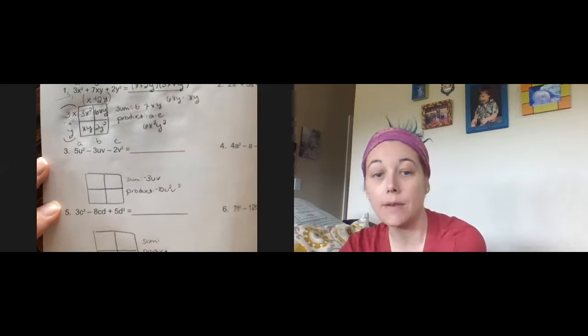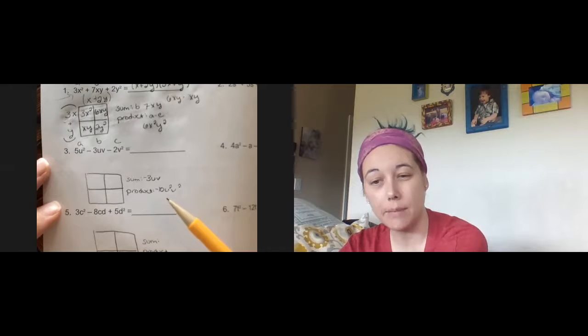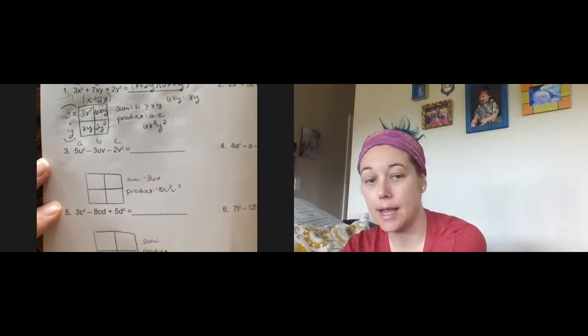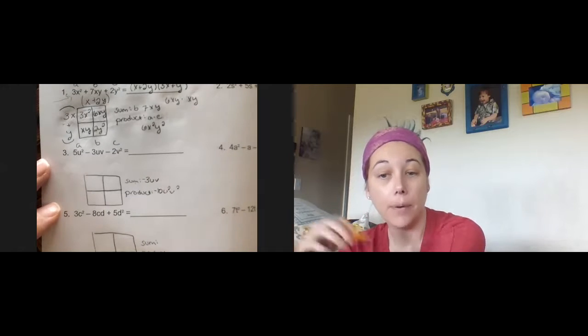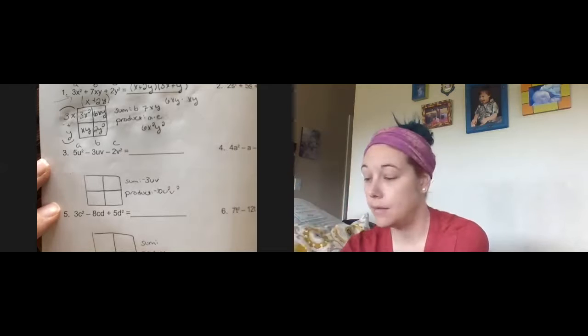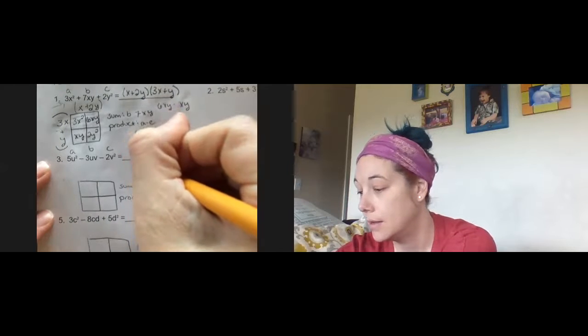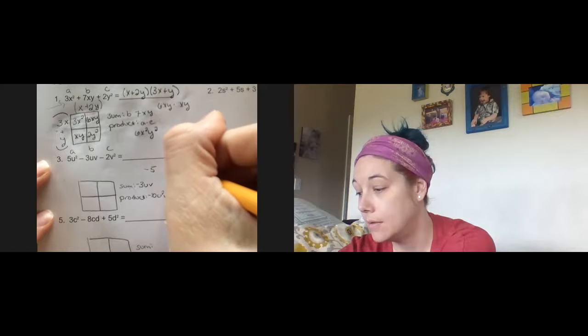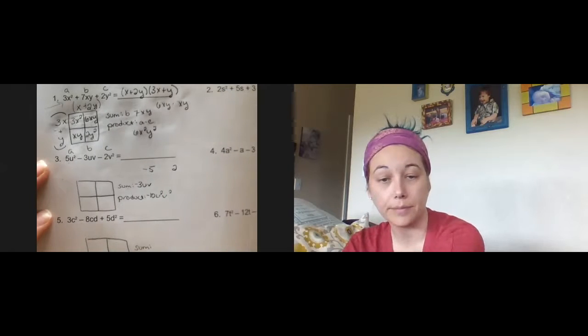All right, so let's find the products. Let's deal with the number first, okay? What factors of negative 10 when added together give us negative 3? Our product is a negative, right? So that means for our factors, we need to have a negative and a positive. Negative 5 and a positive 2.